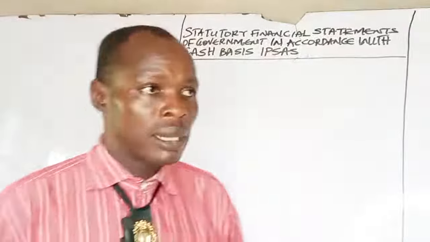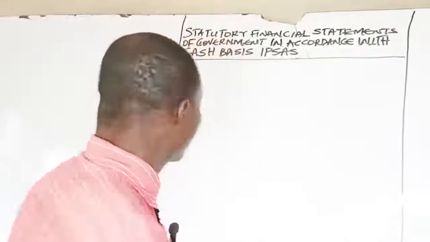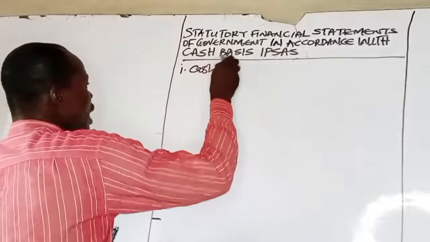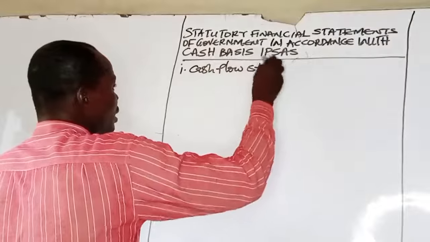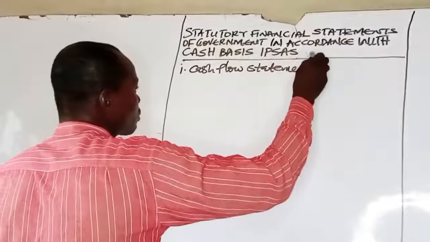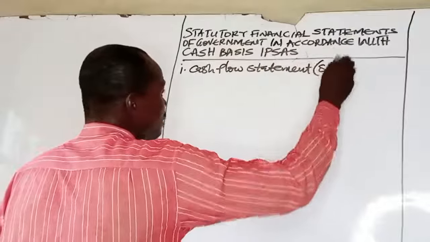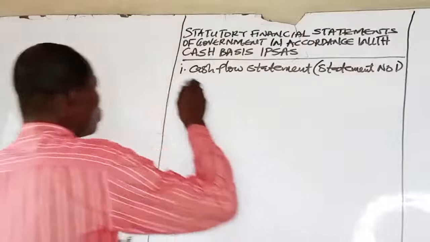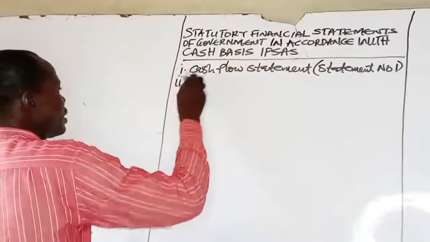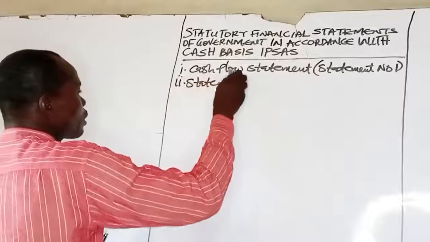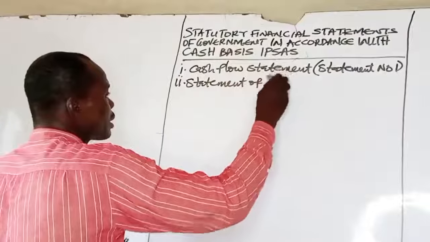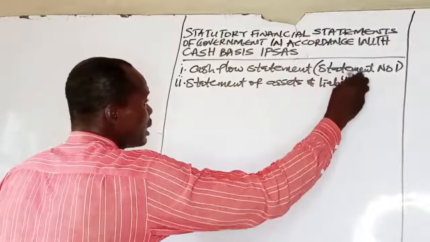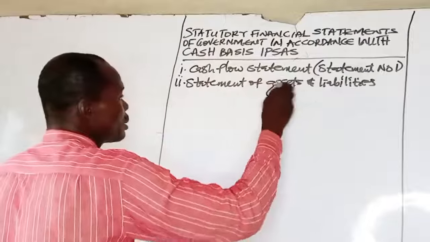Statutory financial statements. Components of financial statements include: number one, cash flow statement. Two, statement of assets and liabilities.